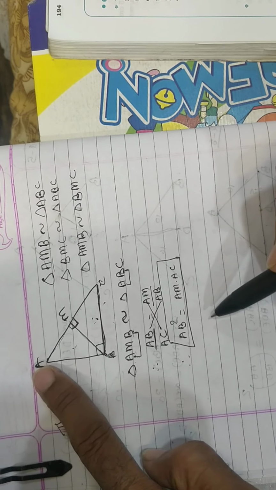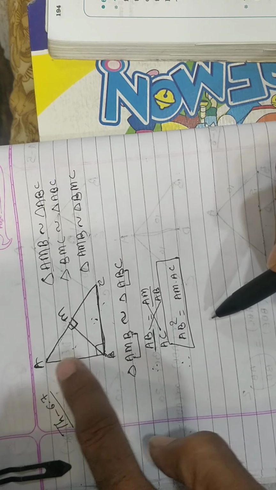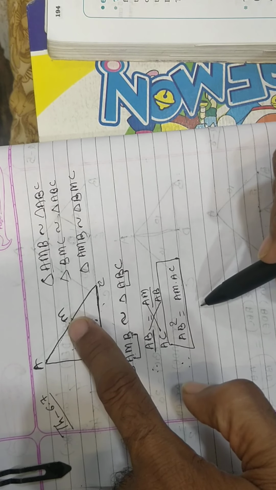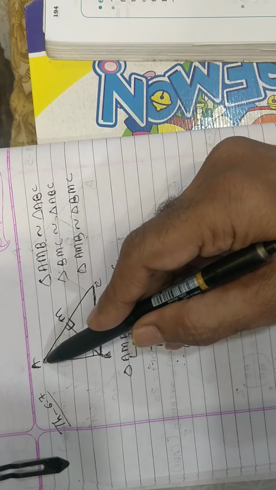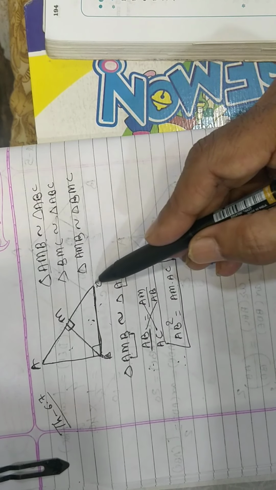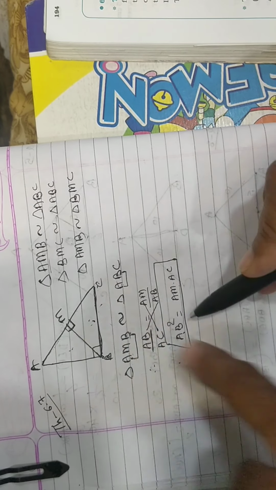You can recall from this, the square of AB is equal to AM into AC. AB is connected with AM and AC. So AB square is equal to AM into AC.